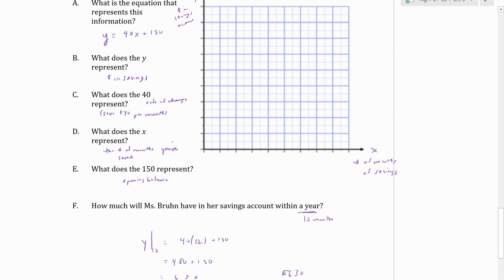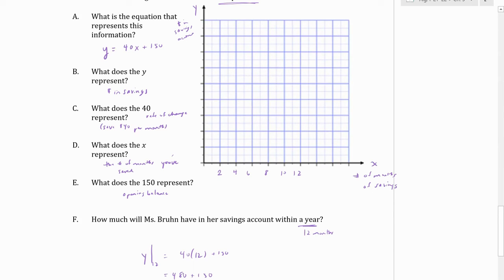So number of months, maybe we do like 2, 4, 6, 8, 10, 12. And how much money you got? I don't know, maybe $100 at a time. 100, 200, 300, 400, 500, 600, 700, etc. So we start out with 150, and then you're going to save 40 a month.